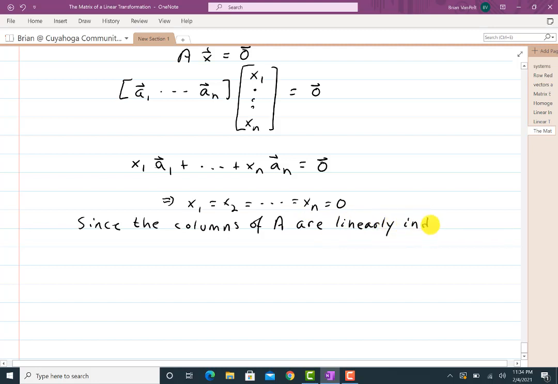This is the assumption I'm making for this part. Well, that implies that the x vector is the 0 vector. Therefore, T is one-to-one.